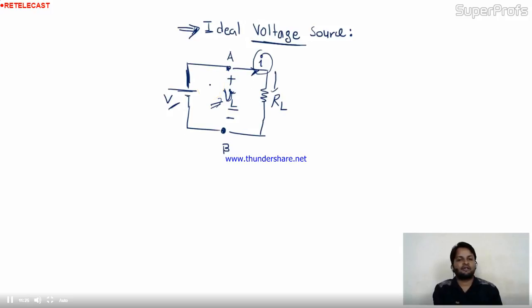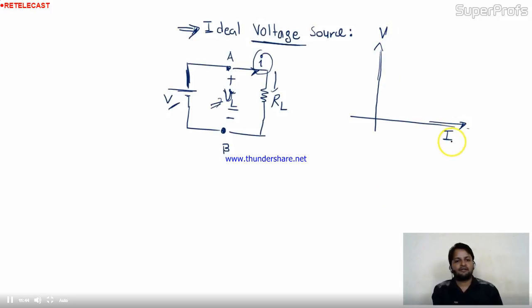Whatever current you can take out of this circuit or this source. Means the VI characteristics, if you will see, here the x-axis is current I, this is the voltage.